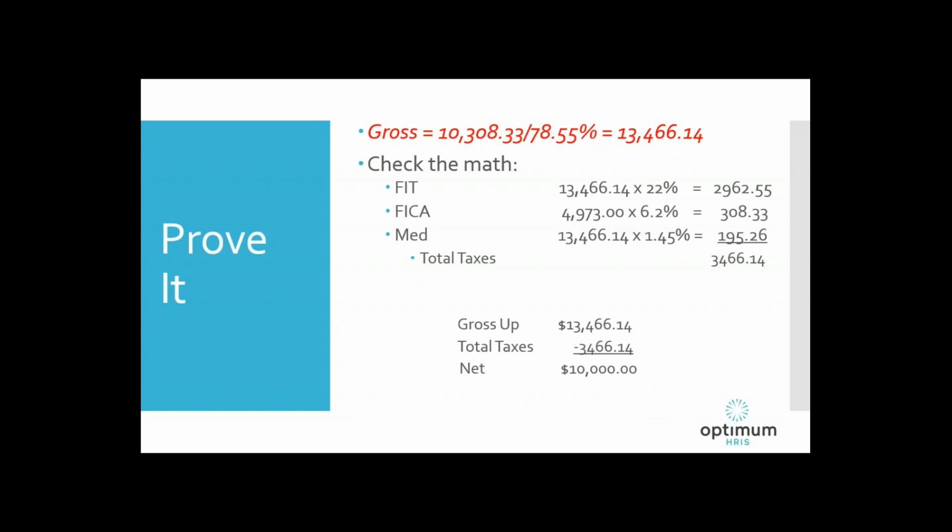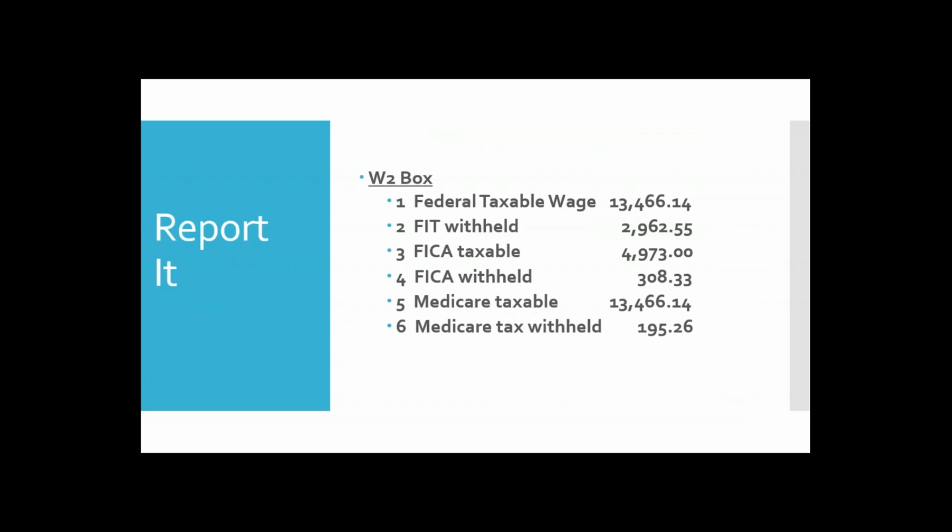Now, on this example, let's also look at how you would report the taxable wages and taxes paid just for this particular payment. Your W-2 boxes would look like this. Remember, boxes 1, 3, and 5, your taxable wages for federal, FICA, and Medicare, will not be the same for this payment because FICA taxable will not be the entire gross amount.